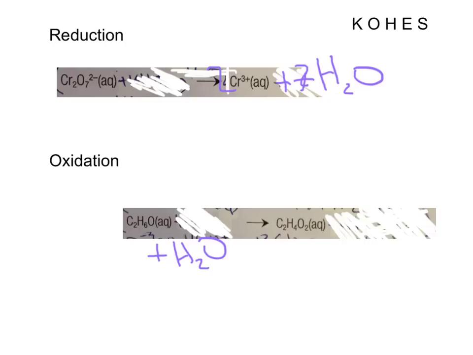I think so. And then let's go on to the next one, balancing our hydrogens. Don't be fooled again, we've got no hydrogens on this side in the reduction, but on the product side we've got 7 times 2, that's 14 hydrogens, so we're going to have to balance it on this side by adding 14 hydrogen ions.